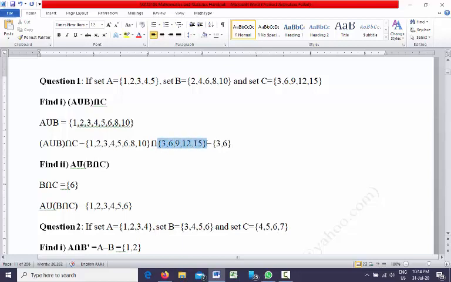This is set C. We want to take only common elements between these two sets.